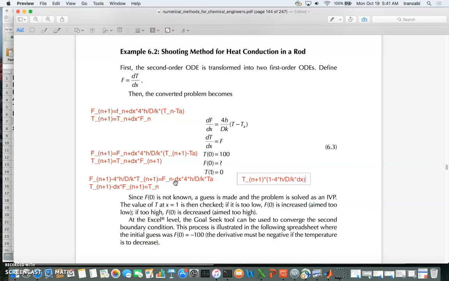So I added the left sides of the two equations after I multiplied the first one by dx.